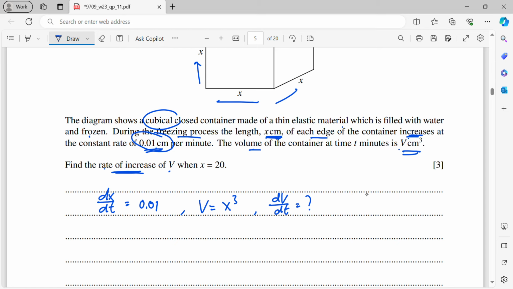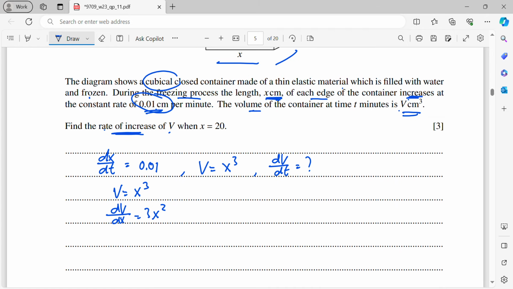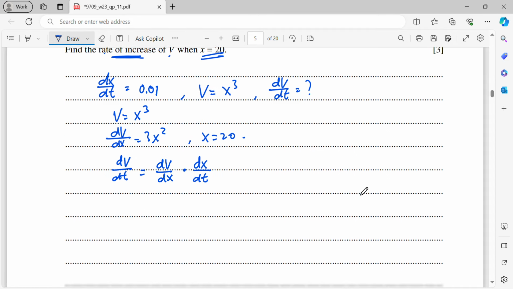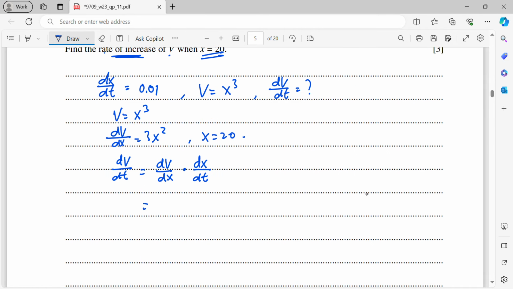From V equals x cubed, I will get dV/dx, that is 3x squared. Then you need to find when x equals 20. I will write dV/dt. By using the chain rule, it will be dV/dx times dx/dt. So my dV/dx is 3x squared.